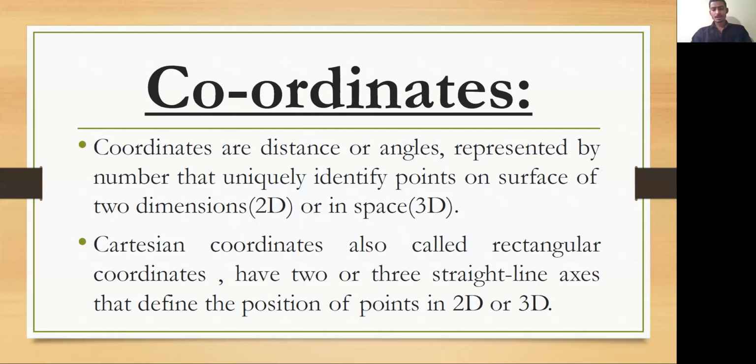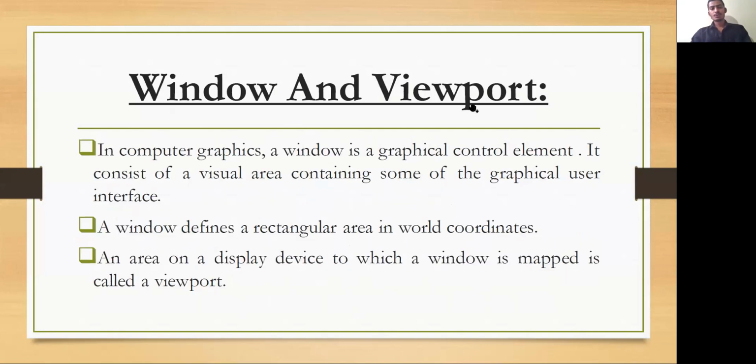After coordinates, we have to know about window and viewport. These two terms are very similar, but they help to understand the remaining clipping portion. In computer graphics, a window is a graphical control element consisting of a virtual area containing some graphical user interface.